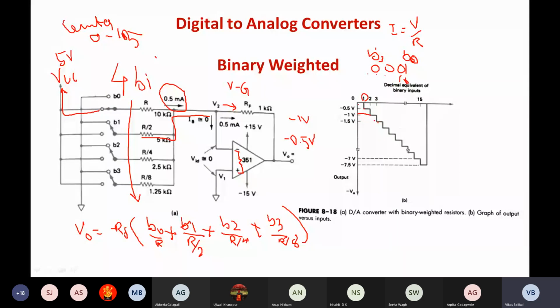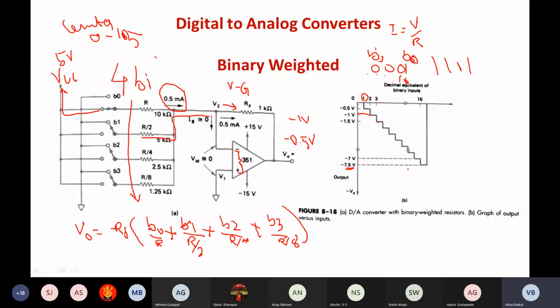If I repeat this entire operation, I'll end up getting -7.5 volt when the input is 4 ones, 1 1 1 1 or 15. My output will be -7.5 volt.